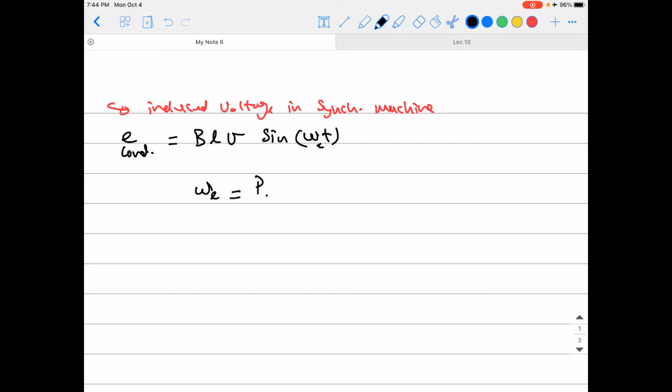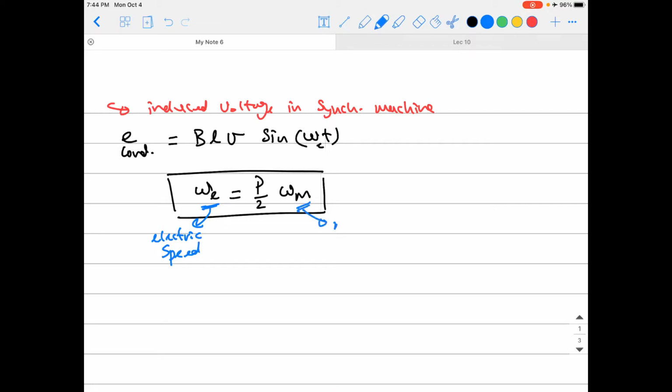equals P over 2 times omega m. That's a very important thing to keep in mind. The omega E is the electric speed, and the omega m is the mechanical speed. They're related together by this relation, multiplied by P over 2, and you know P is the number of poles.